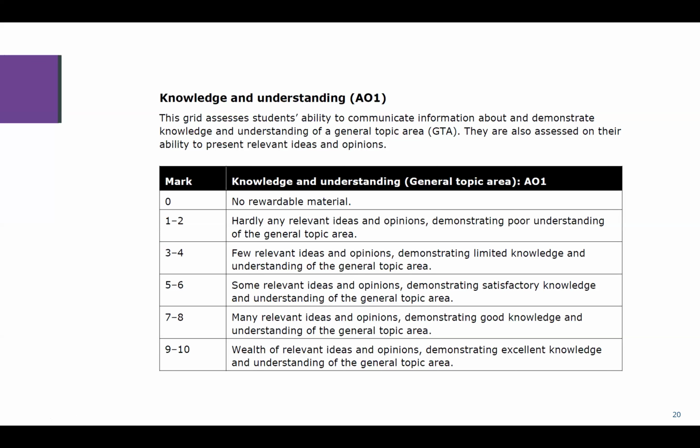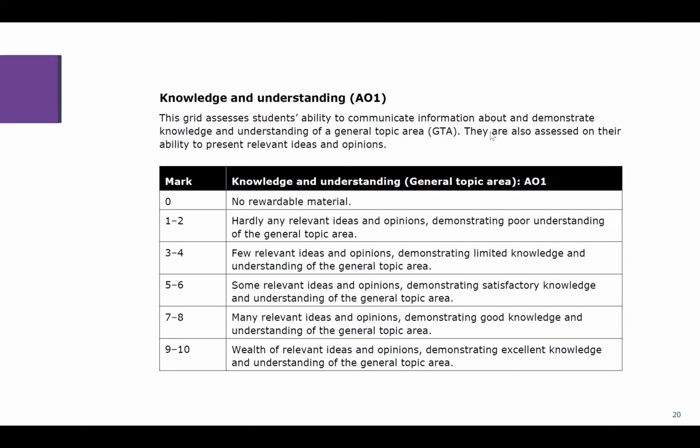Then we have a grid which refers only to the second part of the speaking test, where you have your discussion. You can see here that it assesses their ability to communicate information.